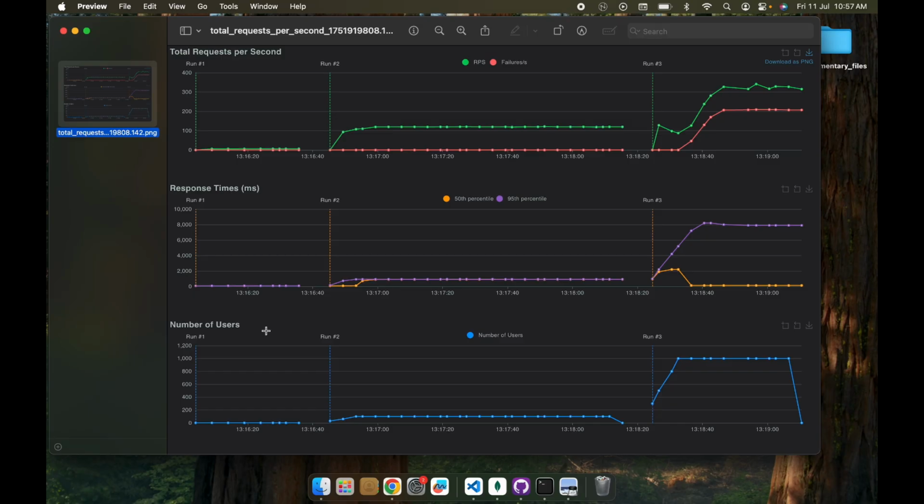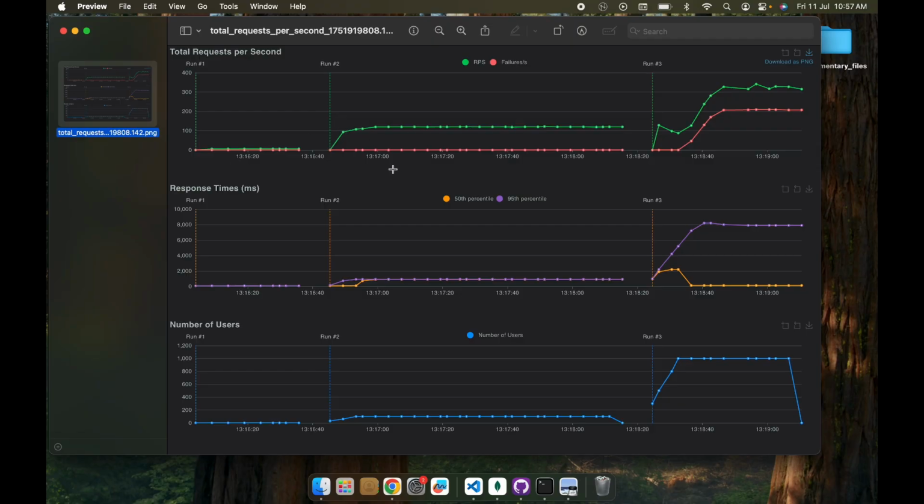As you can see, on the first run, the number of users was extremely small, limited to 10. As a result of this, the response times were extremely low, not exceeding about 100 or 200 milliseconds. Additionally, you can see that the total request per second was also not very high, not going above roughly 10.